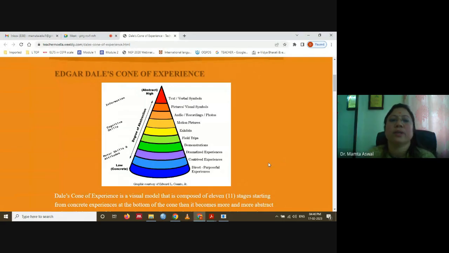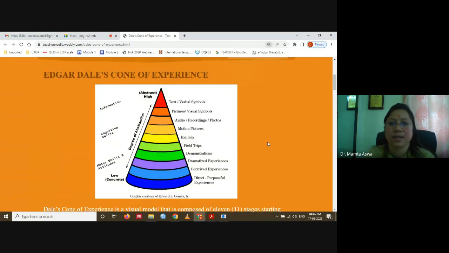So if you look here, this is Edgar Dale's cone of experience. Now, if you look at this cone, I'll just increase the size. You will see the direct purposeful experiences are at the lower side. So the concrete experiences are here, right?